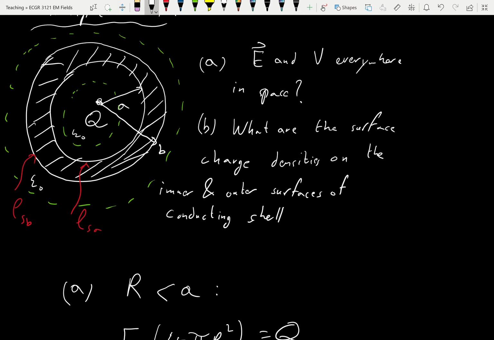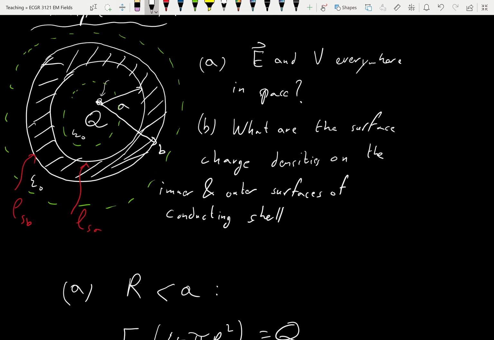Because of this charge Q generates an electrostatic field, and that field induces charges in the conductor, meaning some charge distributions in the conductor start moving around and go to the surface. But overall, the total charge inside the conductor is zero. All that happened due to the existence of Q is that the charge redistributed itself inside the conductor. Right? But overall, the total charge is zero. The conductor overall is neutral.